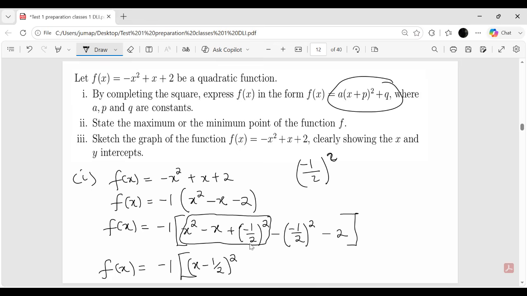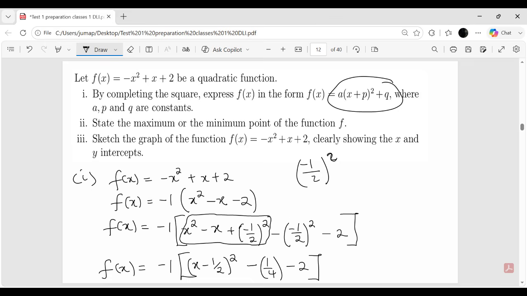So when you do that, you're going to say minus, then -half squared. So now -half squared is going to be 1 over 4. So 1 over 4, this minus is going to multiply with 1 over 4, so I'll just write it like that. Then -2 like this. Are we together up to this point, everyone?